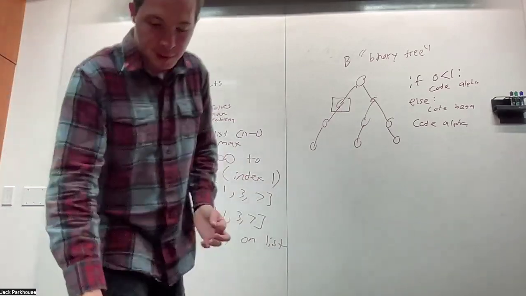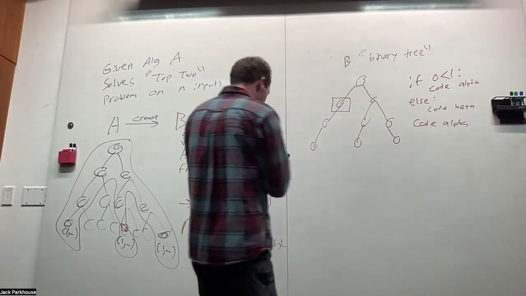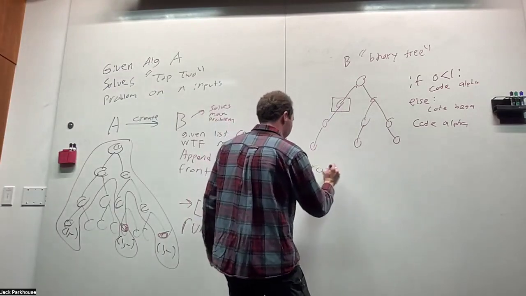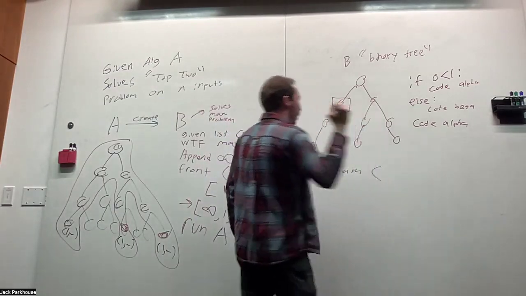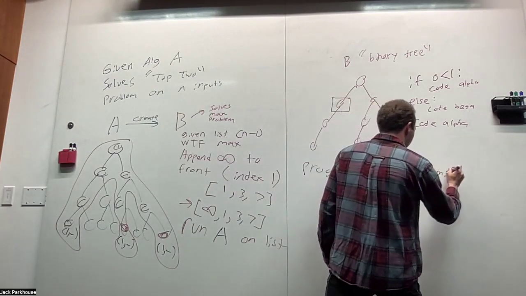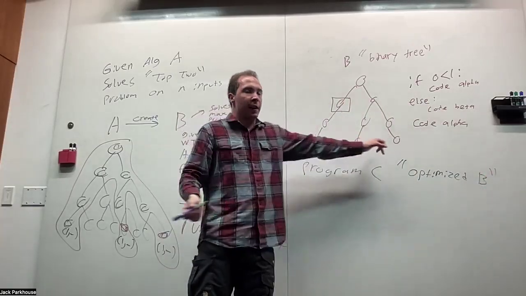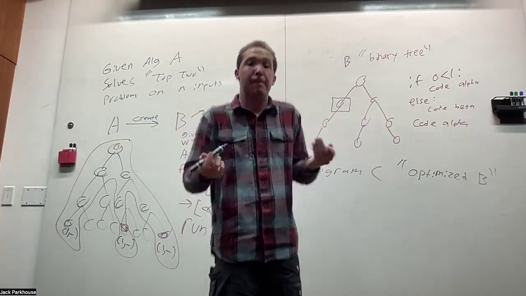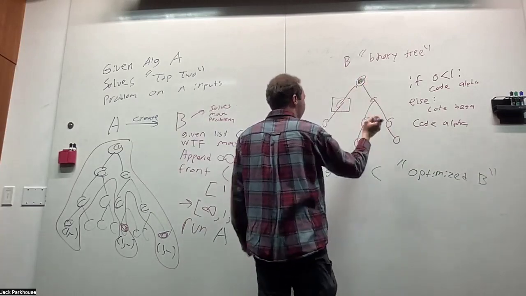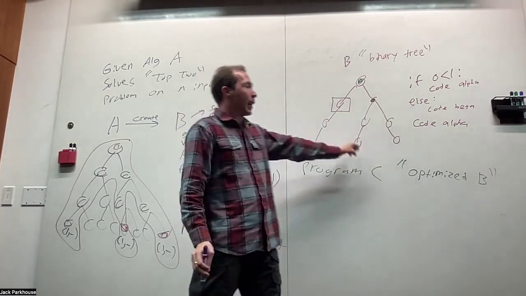But now I'm going to claim that there's another program C. Let's use green. So there's another program C, which is kind of the optimized view, in which it only does the operations that matter in a sense. In here, the only operations that matter are the ones in which there are potentially different results.